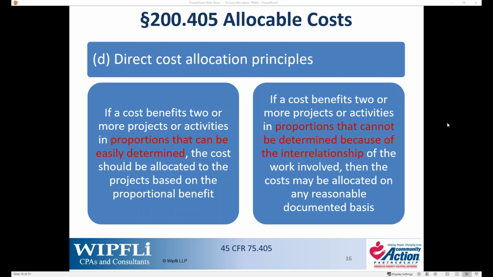But if it benefits two or more projects or activities in proportions that cannot be determined because of the interrelationship, then the cost may be allocated on any reasonable, documented basis. So again, has to be reasonable and has to be documented.